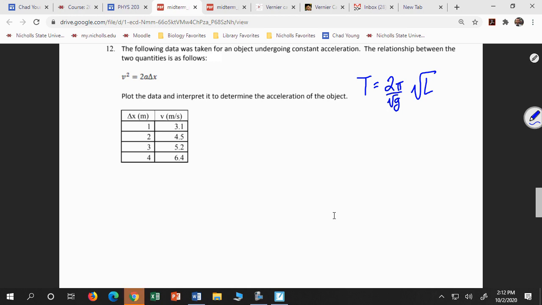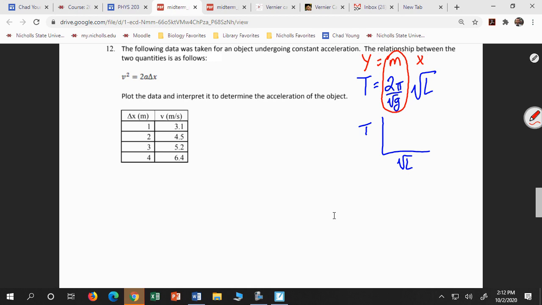In this case, you plotted t on the y-axis and square root of L on the x-axis, because this is following the equation of a line. And then this coefficient of the square root of L is the slope of that graph.